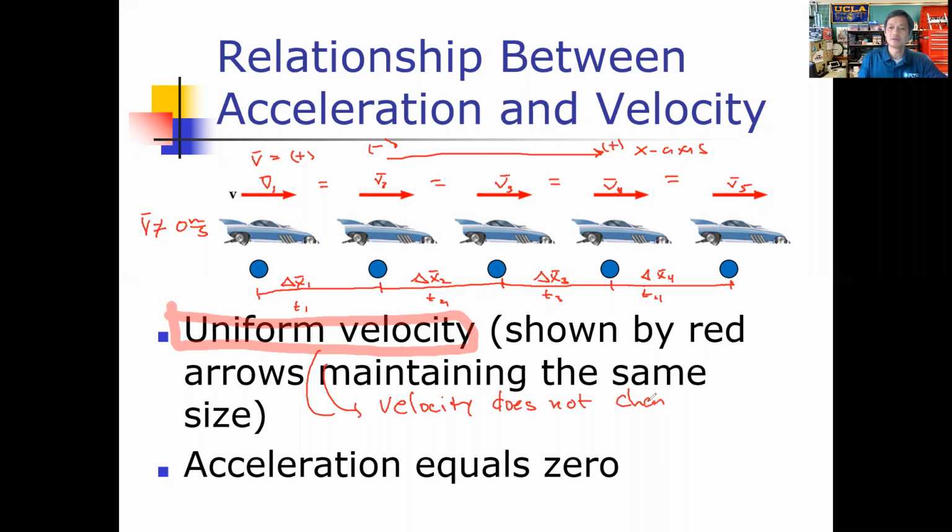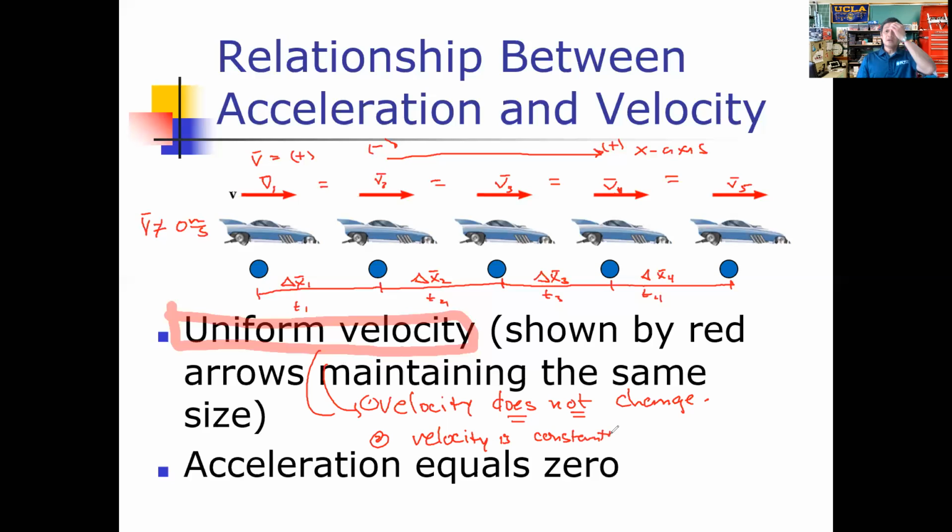It does not mean that the velocity is 0. Uniform velocity means that the velocity is constant.